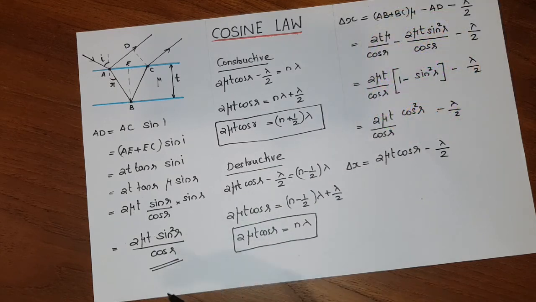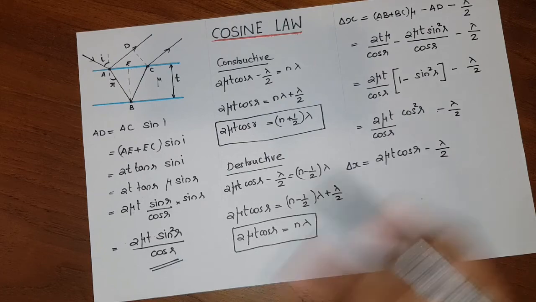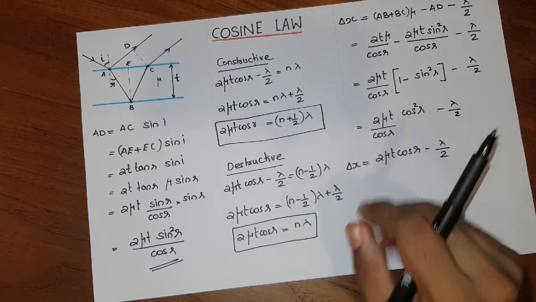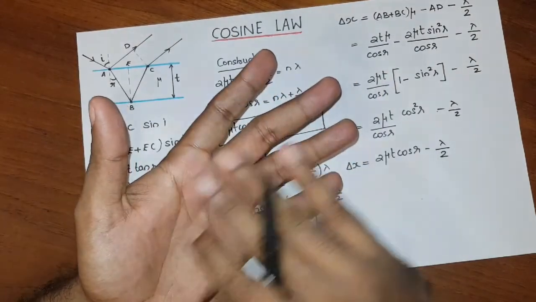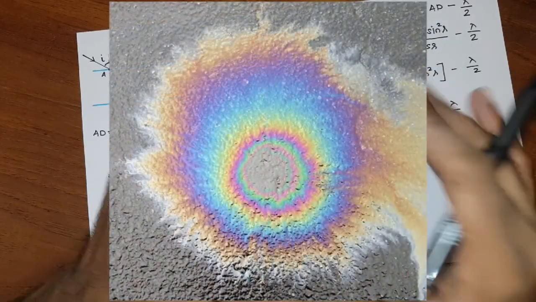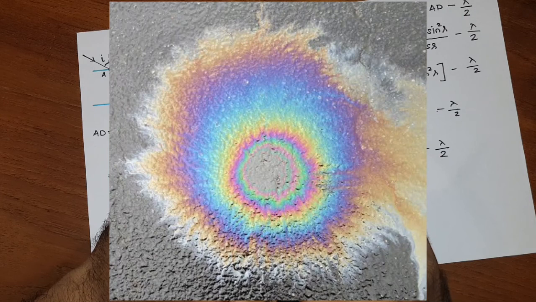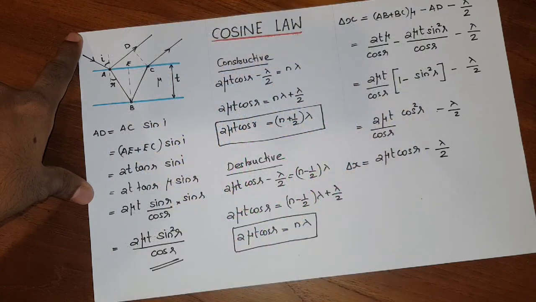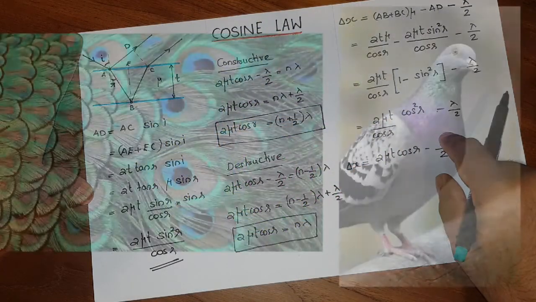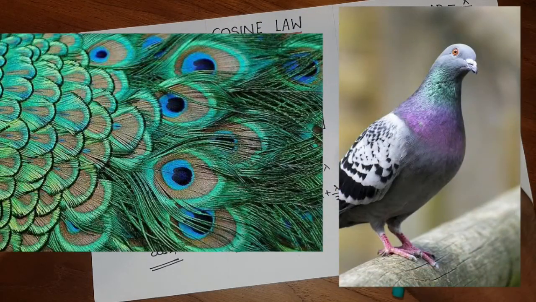So this similar phenomenon can be observed at various places in nature. For example, if you see a layer of oil lying on top of water, you can see this phenomenon over there. You can see the phenomenon of interference in peacock's feathers, on pigeon's neck.